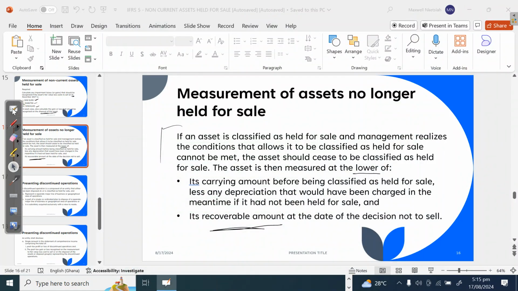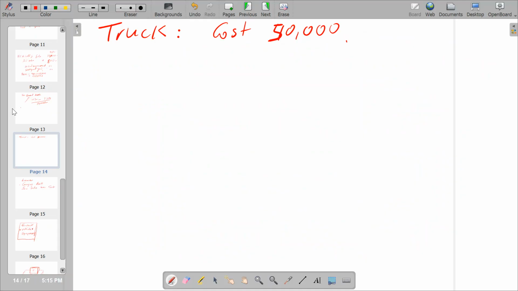Okay. All right, let's continue. So let's say we have a truck. The cost is 50,000. The useful life is 5 years.